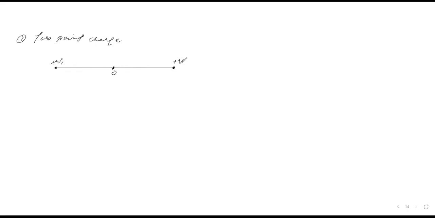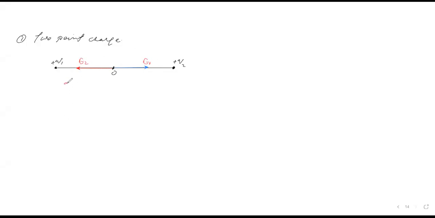You already know the field at O due to the charge Q1 will be in the direction away from Q1. Repulsion. Clear? The field due to charge Q2 is also away from Q2. This is your E2 and this one is your E1.